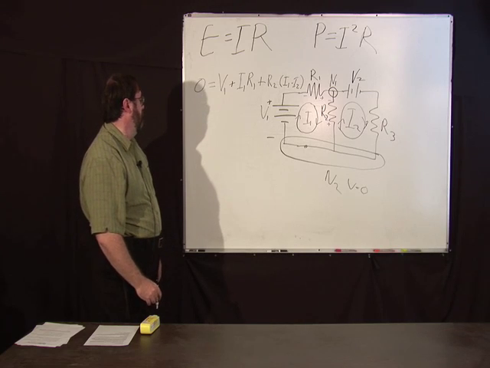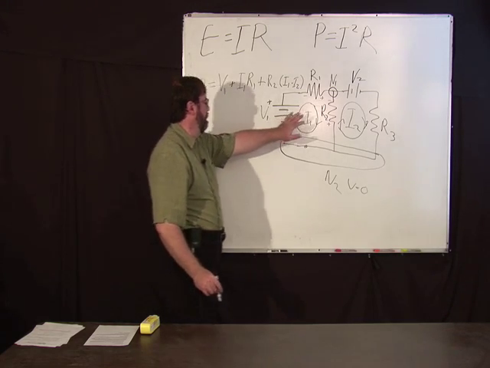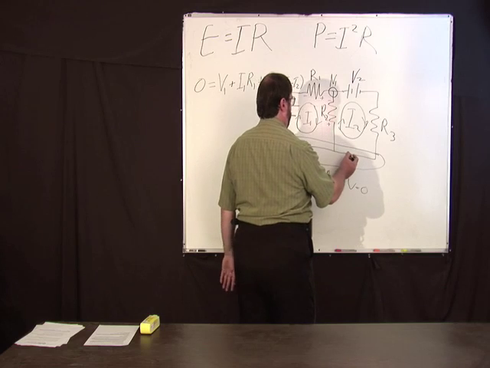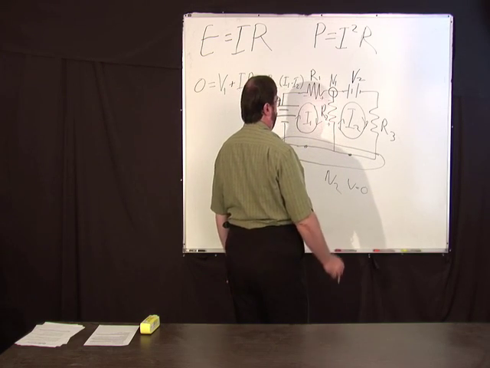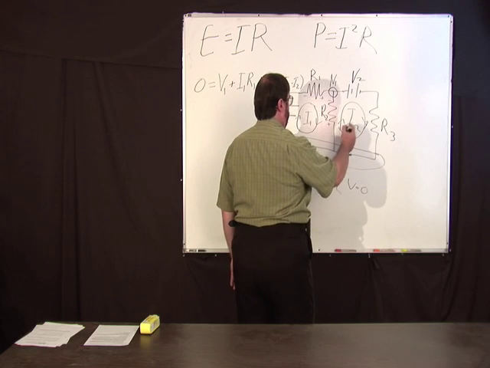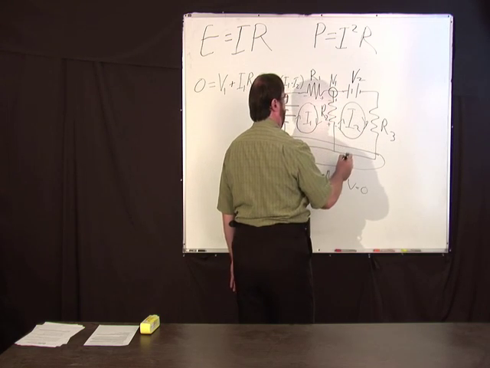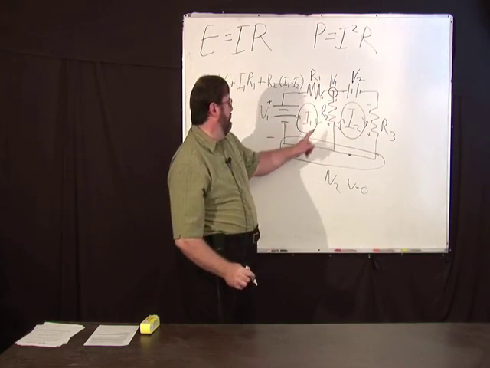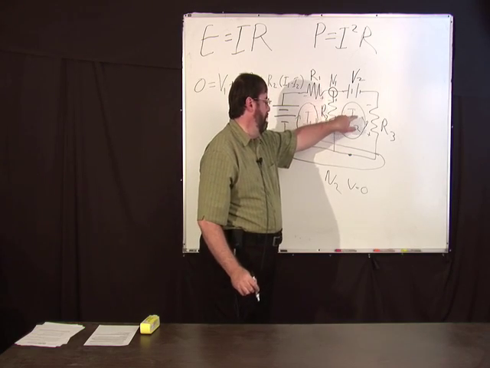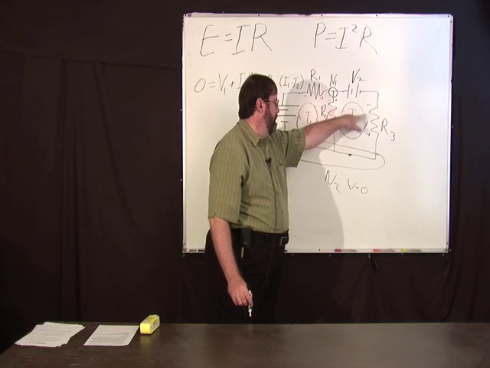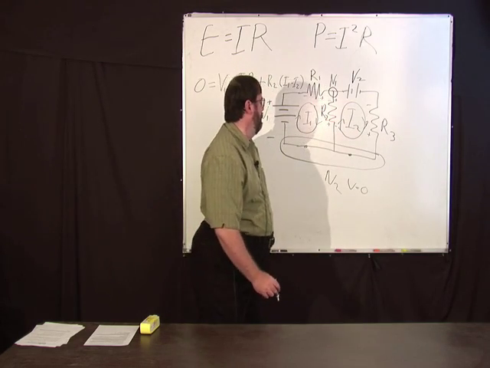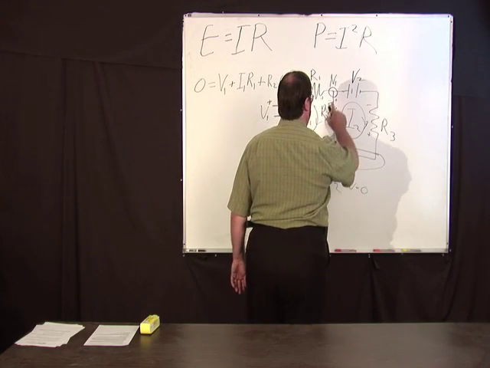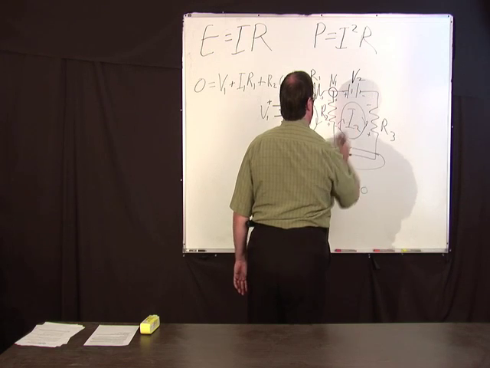Okay, well, let's look at this other loop here. Let's start here again, this node here, just for fun. So in this loop, this is minus and this is plus, because, you know, current flows this way, and the voltage drop, the current goes from minus to plus. Always. So here we've got, this is plus minus.